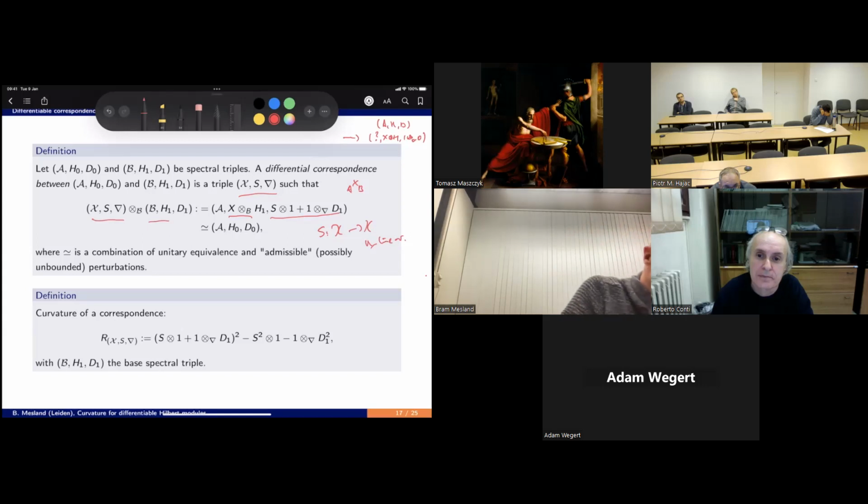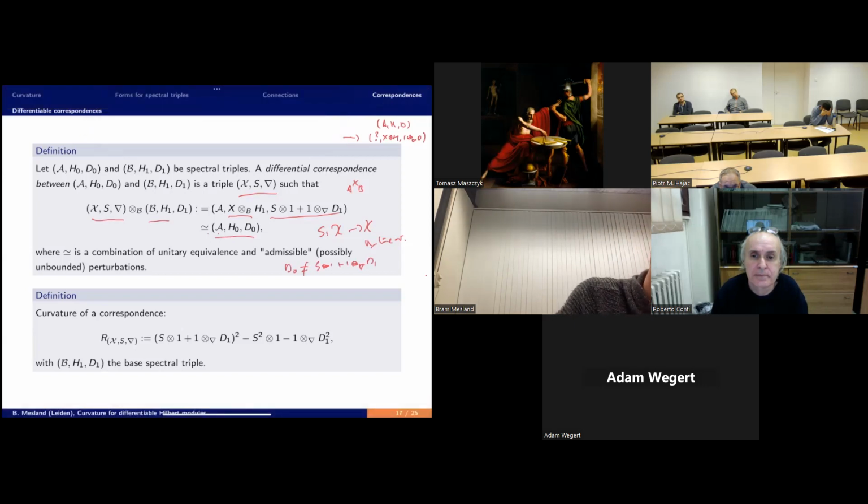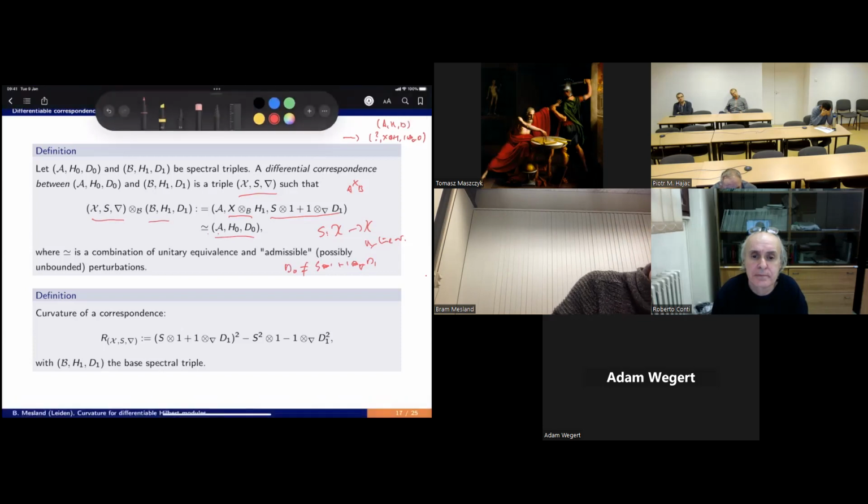And then I want to require that the object that I form in this way resembles my other spectral triple, A, H0, D0. And it turns out that it's not reasonable to require that the operator D0 will in general be exactly equal to this product formula. There are some error terms, and they turn out to be also related to curvature, but to a different type of curvature than I'm talking about today.